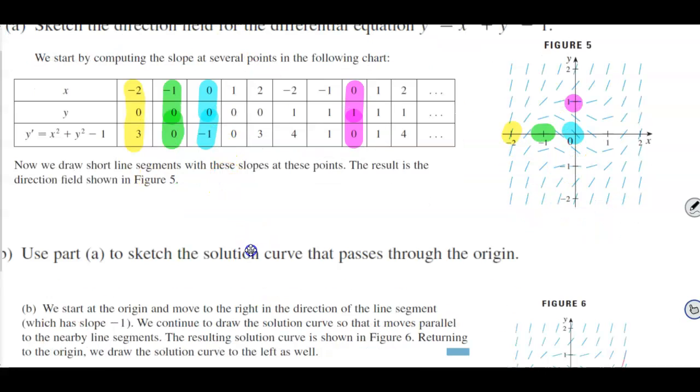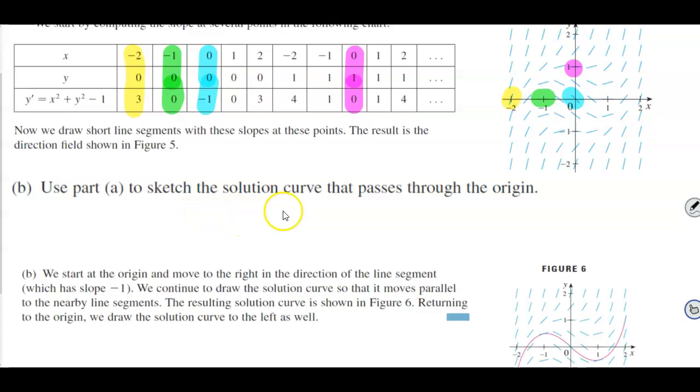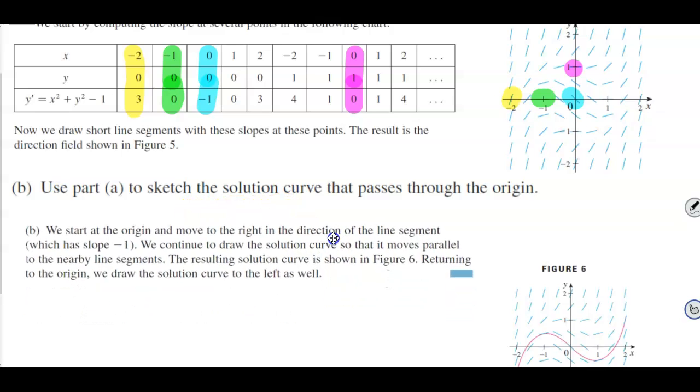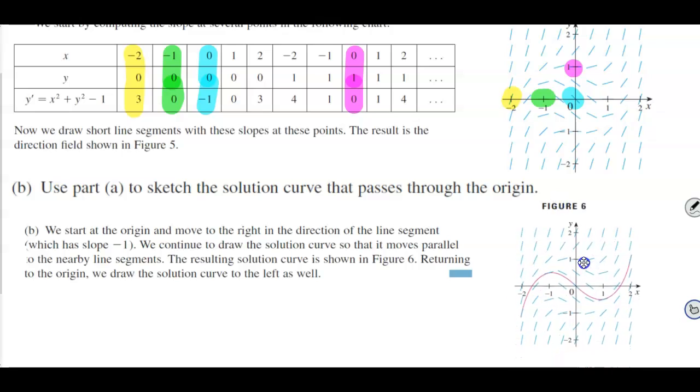Now, for part B, they're asking us to sketch the solution curve that passes through the origin. If we want to sketch a curve passing through the origin, take a look at this.